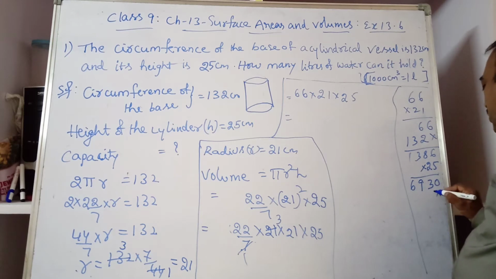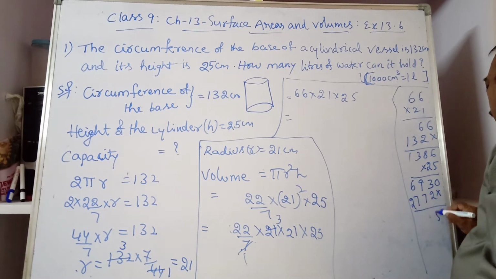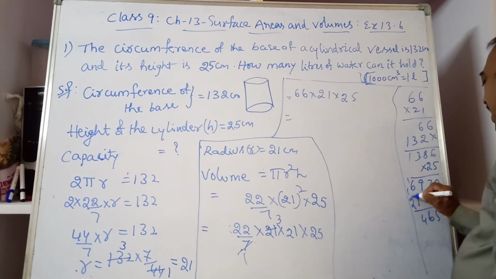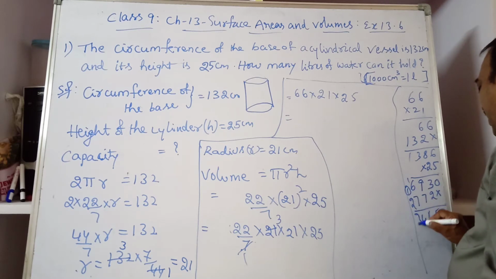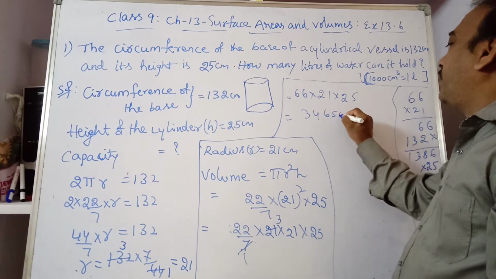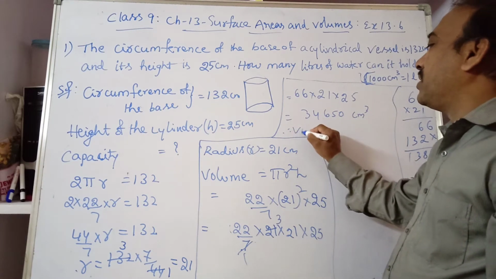Next 2 6 are 12, 2 8 are 16 plus 1 is 17, 2 3 are 6 plus 1 is 7, 2 1 are 2. Adding, we get 34,650 centimeter cube.